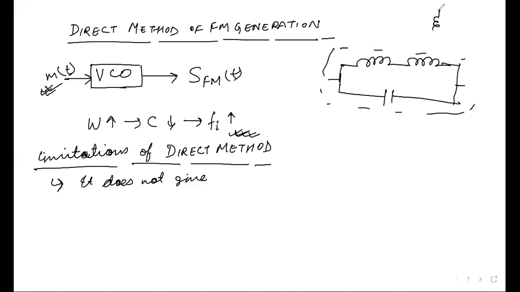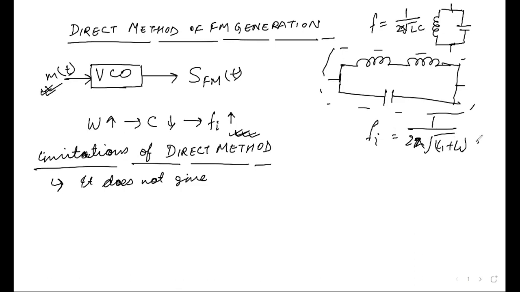Basically the tank circuit was this. We have also seen this in the last class, where the frequency is written as 1 by 2 pi root under LC. In this case we have also seen the instantaneous frequency as f_i is equal to 1 by 2 pi root under (L1 plus L2) into C. So based on this, the instantaneous frequency is changing.